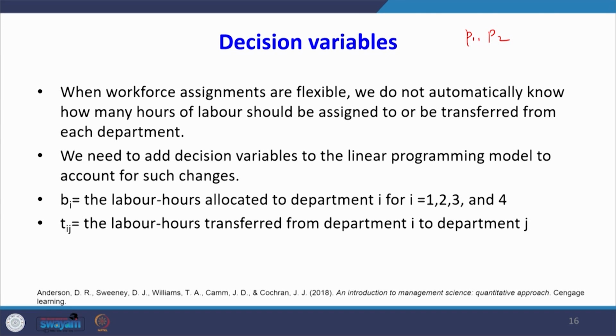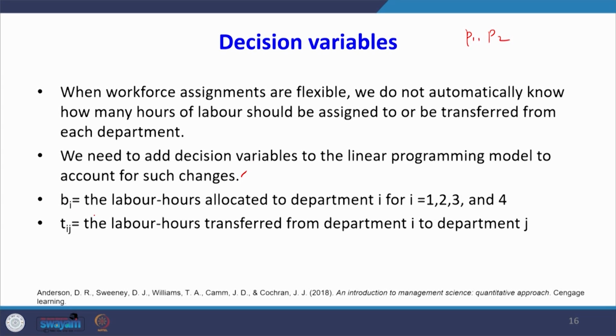So, when workforce assignments are flexible, we do not automatically know how many hours of labor should be assigned to or be transferred from each department. So, we need to add decision variables to the linear programming model to account for such changes. There are 2 types of decision variables.